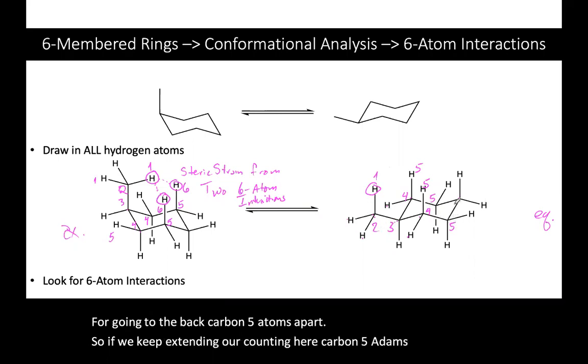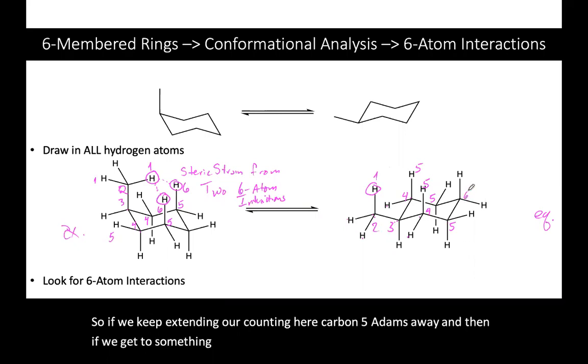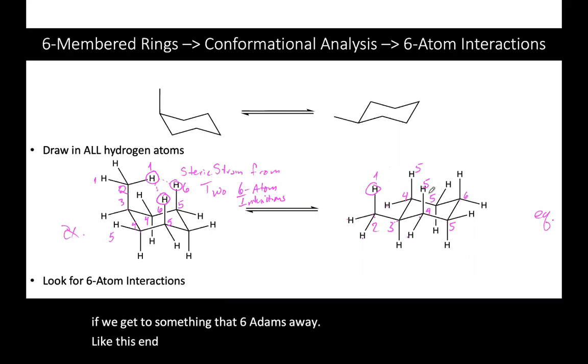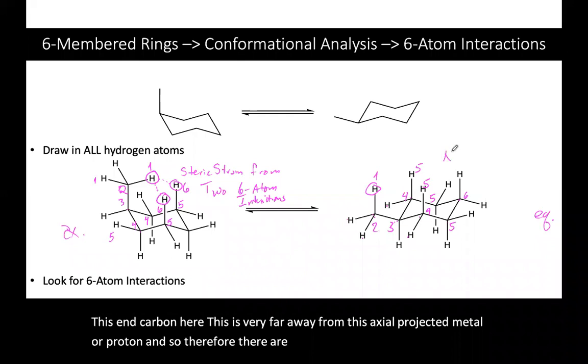And then if we get to something that's 6 atoms away, like this end carbon here, this is very far away from this axial projected methyl or proton, and so therefore there are no 6 atom interactions.